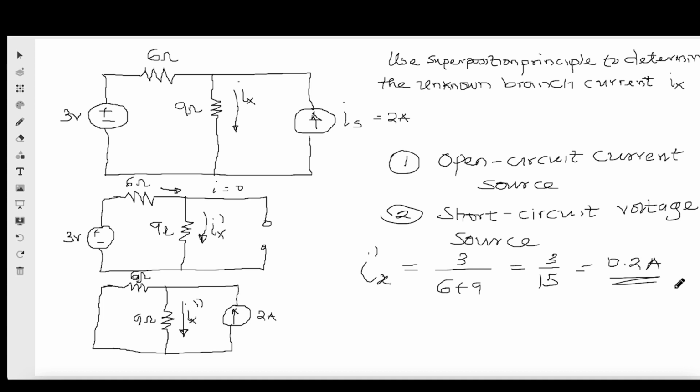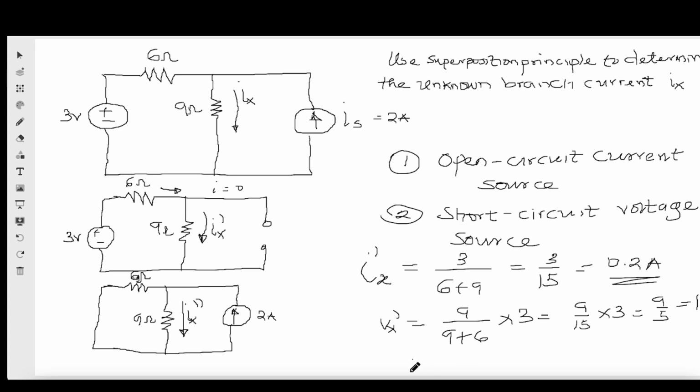So if I want to use the voltage division method, I have to get the voltage on 9. So the voltage on 9, let me call it Vx prime, is what? 9 over 9 plus 6 multiplied by 3, which is 9 over 15 multiplied by 3, and therefore will give us 27 over 15, which is the same thing as 9 over 5, which is the same thing as 1.8 volts.